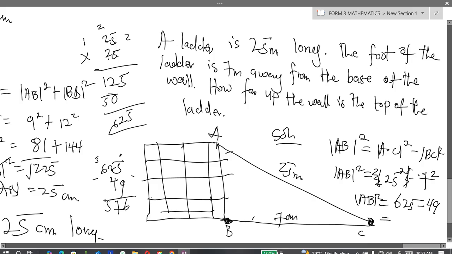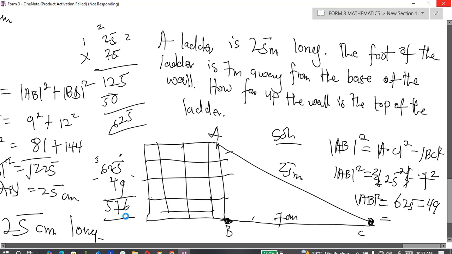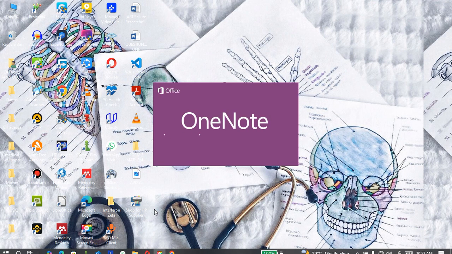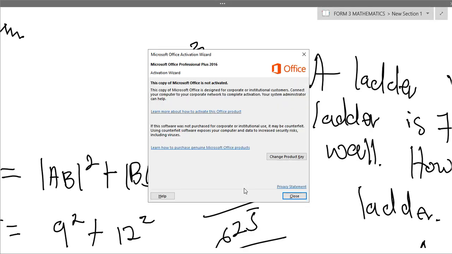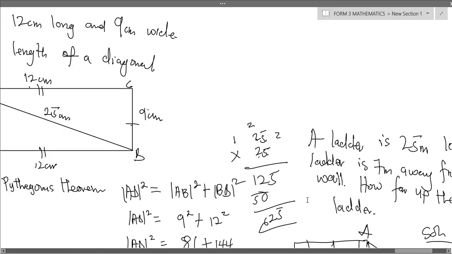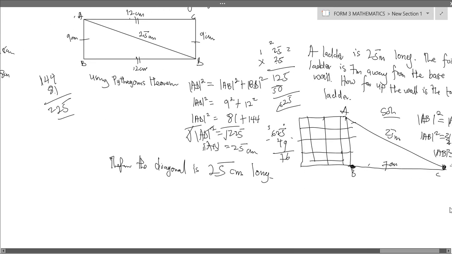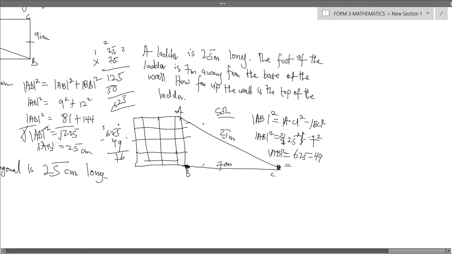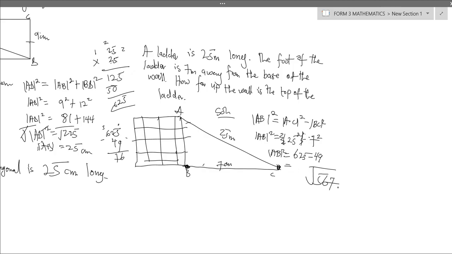Then here becomes 5. So we have 5, 6, 7. Okay, so we did a calculation and we have 5, 6, 7. So what is the square root of 5, 6, 7?